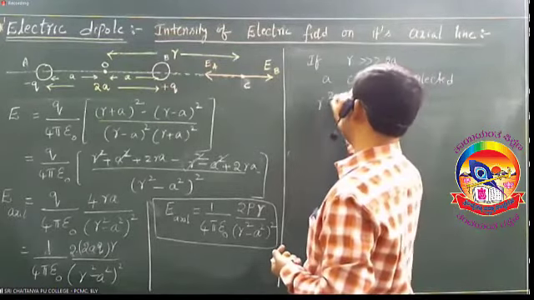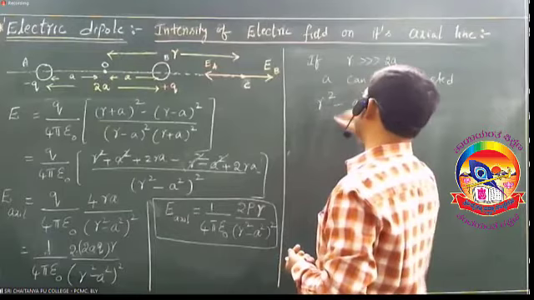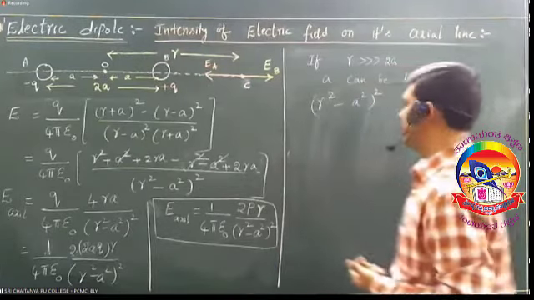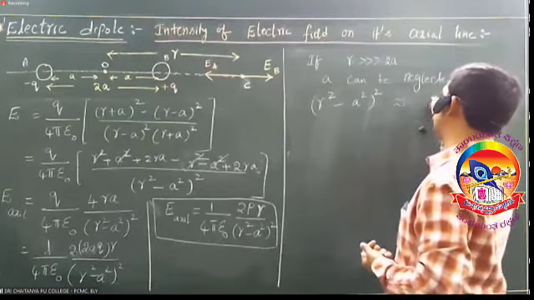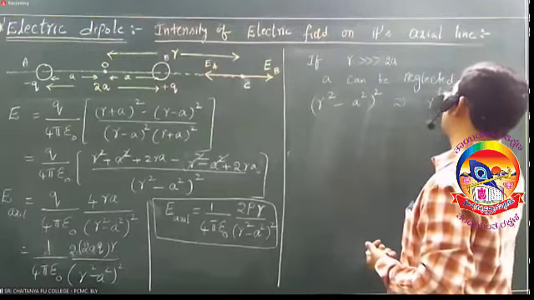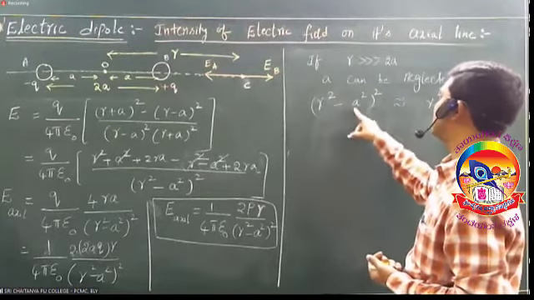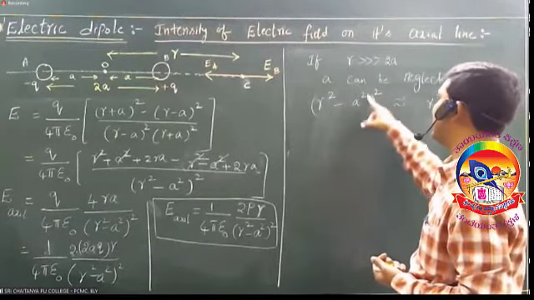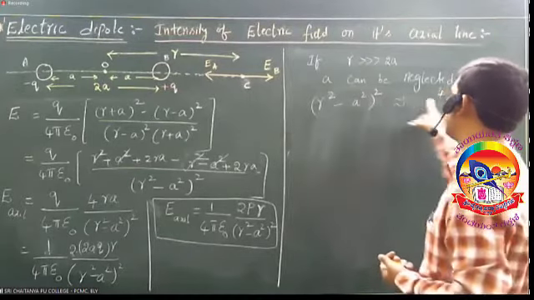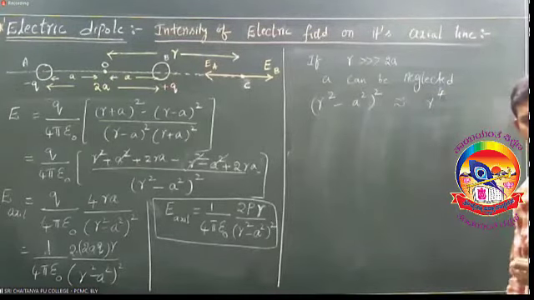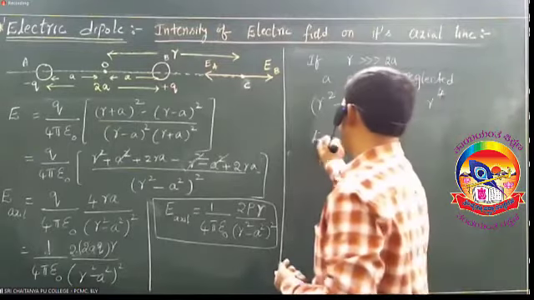Whenever we neglect this, r square minus a square whole square is equal to r square whole square if I neglect this a square, which is r power 4. Substitute it here.